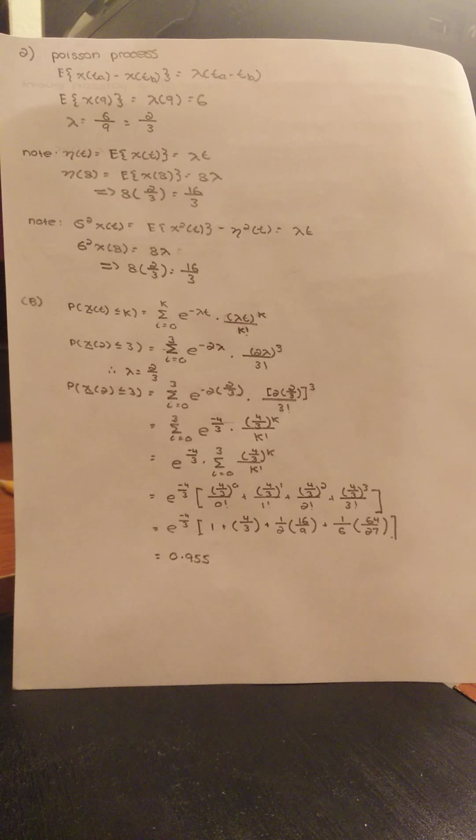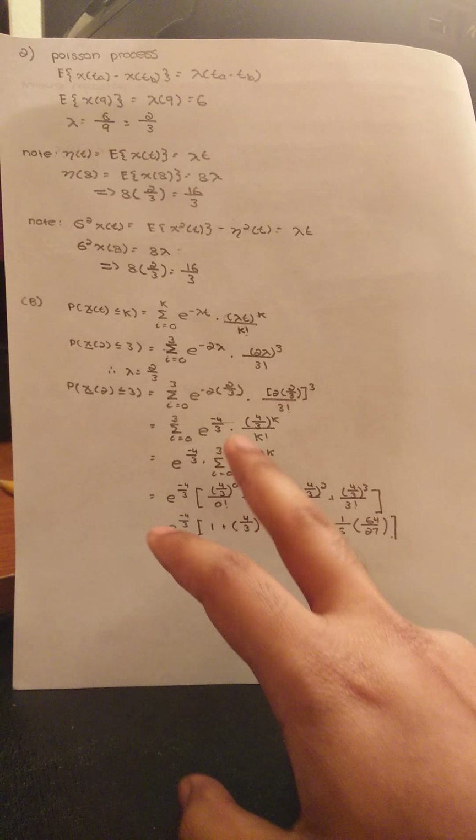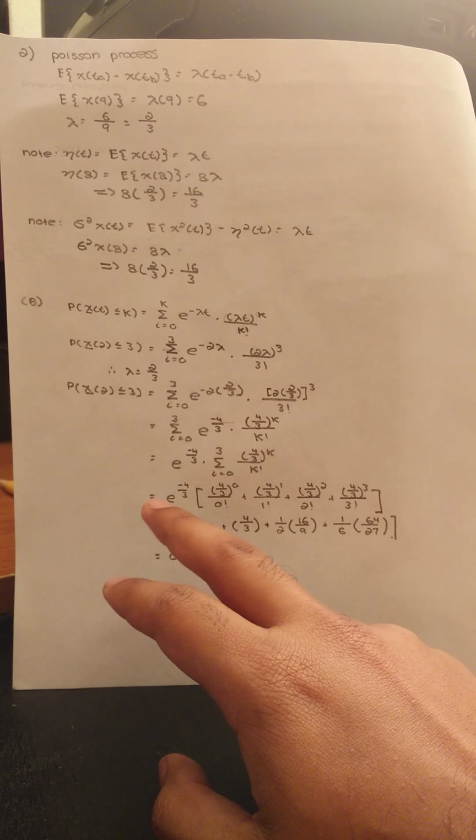So the probability that X of 2 is less than or equal to 3 is the summation from 0 to 3 of e to the negative 4 over 3 times 4 over 3 to the k over k factorial. We know that e to the negative 4/3 is a constant, so we can bring that outside the summation.